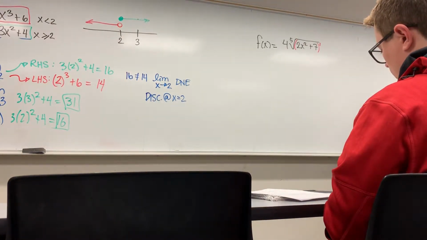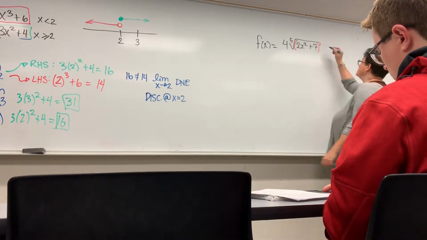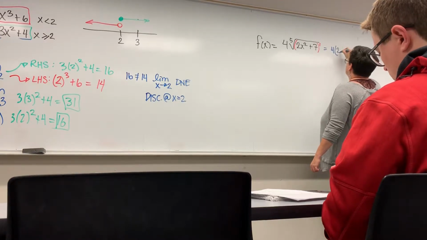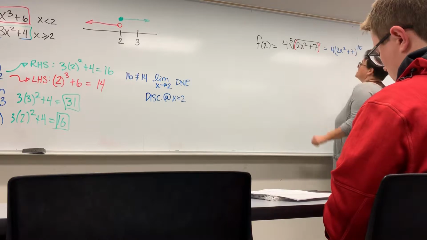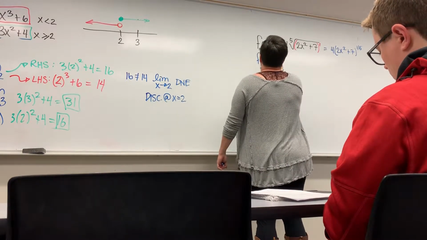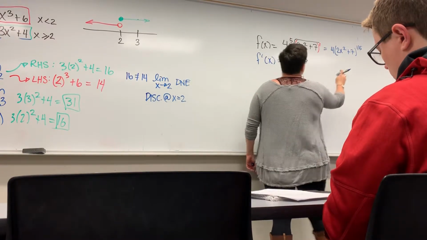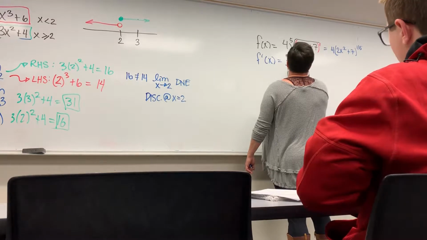Very good. So that becomes a power to the 1/5. So we have 4 times 2x squared plus 7 to the 1/5. Can we take the derivative of that, guys? Yeah. So d out dn, the derivative of the outside. 1/5 comes down times 4 gives us 4/5.